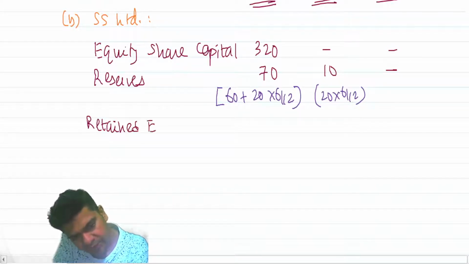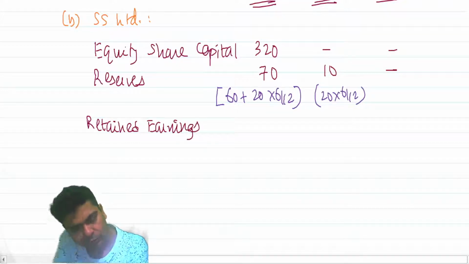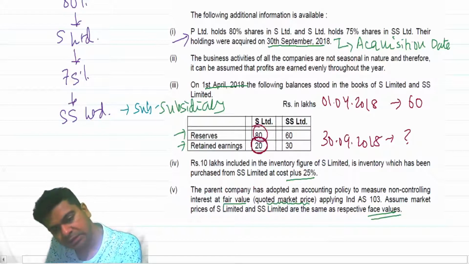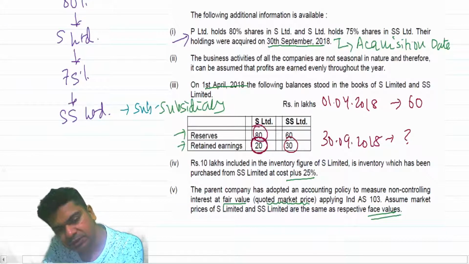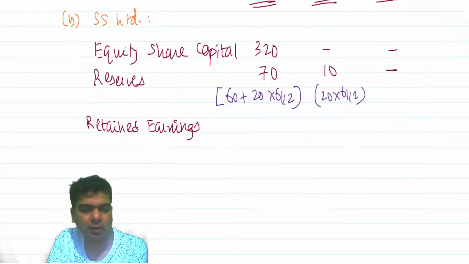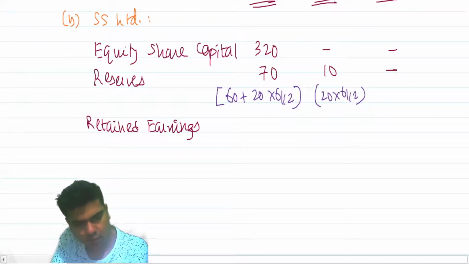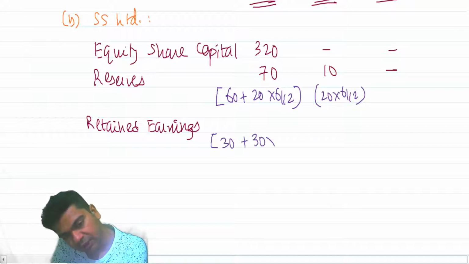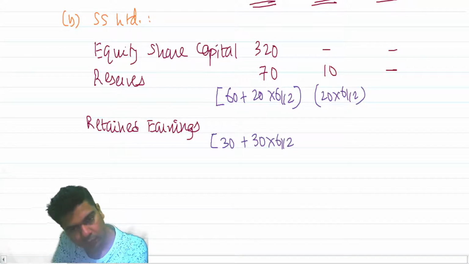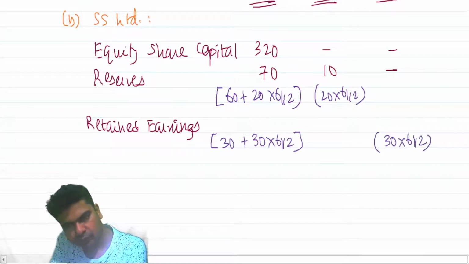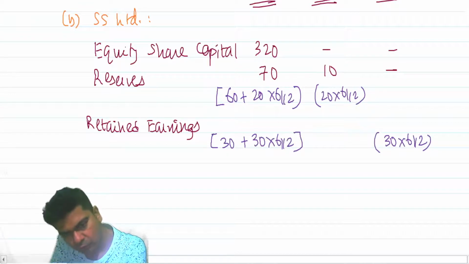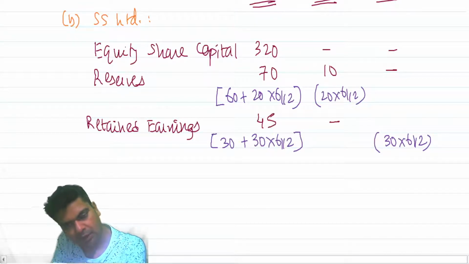Retained earnings balance on 1st April is 30. Increase during the year is also 30. So 45 and 15.